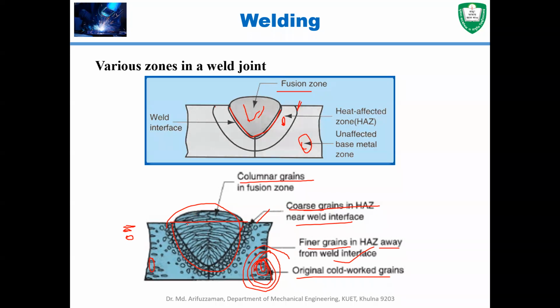It is very difficult for welding to maintain a clean and flat face in this region, because you cannot see this location properly. That is why you always put some extra material instead of putting less material. Okay, sir.